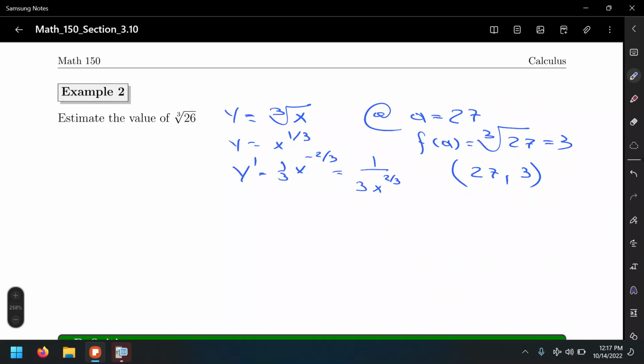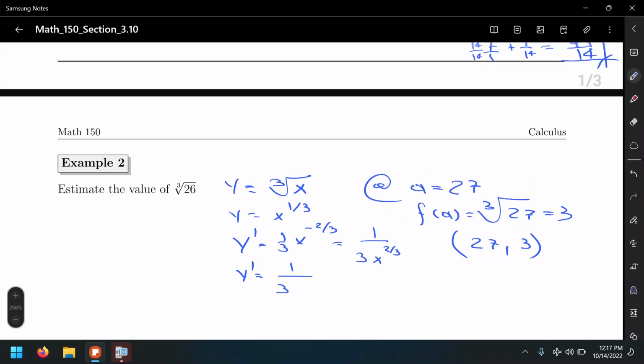I'm going to write this as y prime equals 1/3. The denominator of the rational exponent is going to tell us the index of the radical when we change the notation to radical form. So that's going to be the cube root of x, and I'm going to square this number.